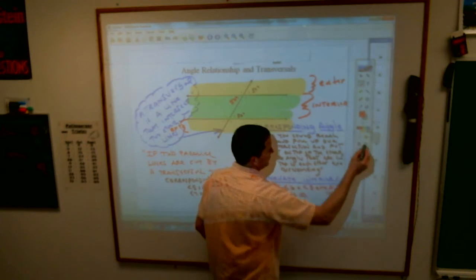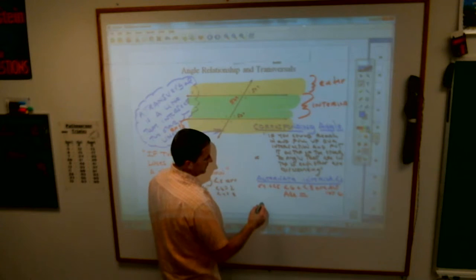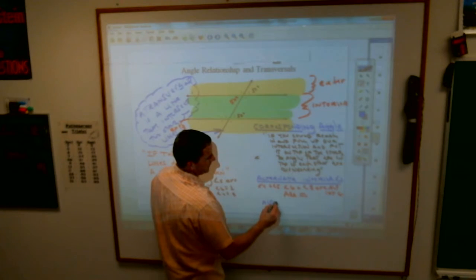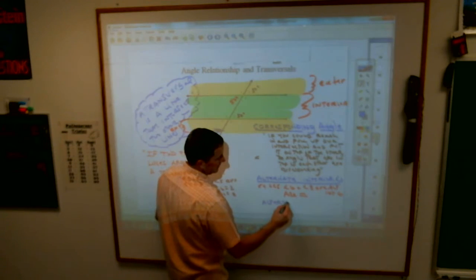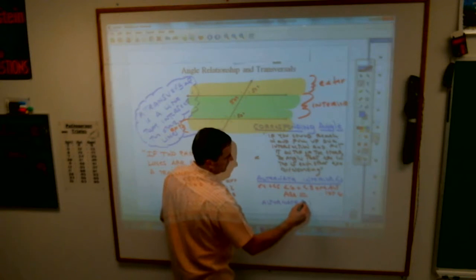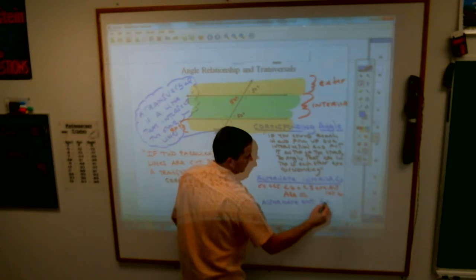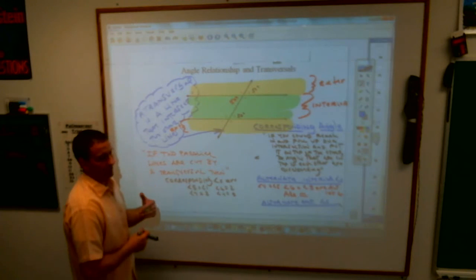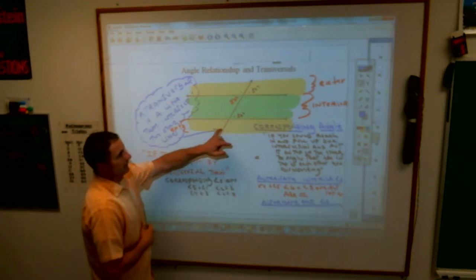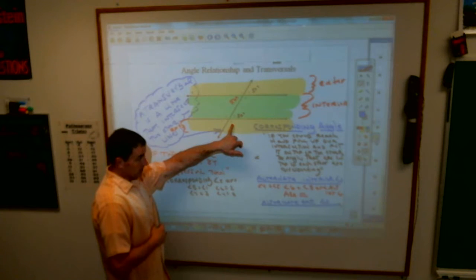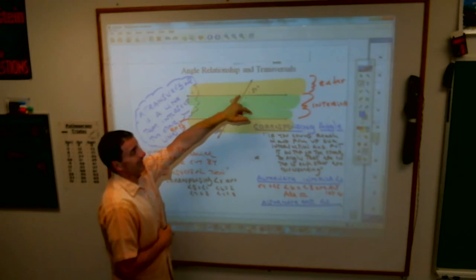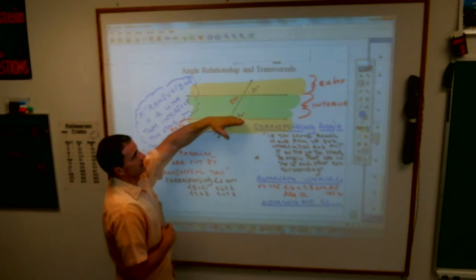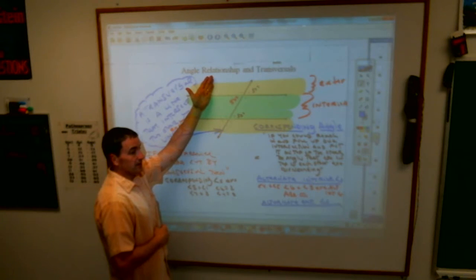And you can probably guess then what alternate exterior angles are. Alternate exterior angles are the same thing except on the outside. Angle 8 is an alternate exterior angle with angle 1. It's on the other line and on the other side.